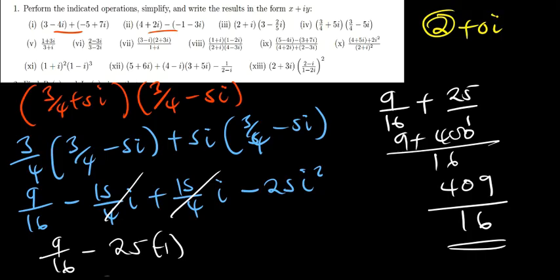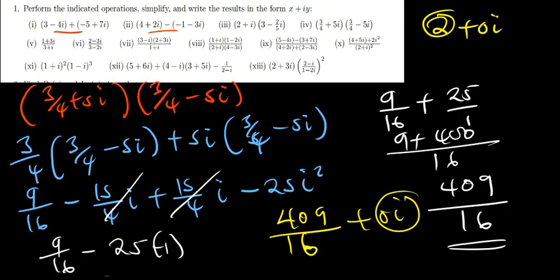Our x is this which doesn't have i, and the one which has i is the imaginary part. So this can be written as 409 over 16 plus 0i. 0i is the imaginary part, 409 over 16 is the real part, as simple as that.